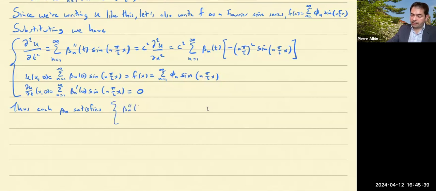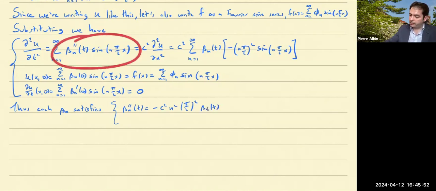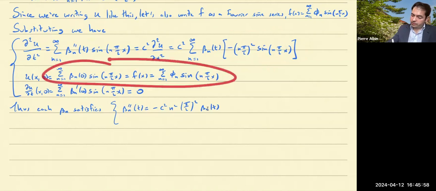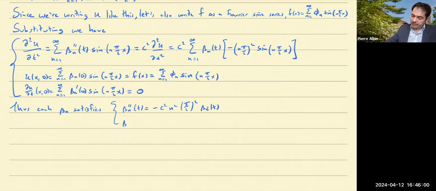We have beta n double prime is equal to minus c squared n squared pi squared over L squared beta n, right? From comparing the coefficients here and here. And then this equation tells us that beta n at 0 is equal to phi n, and that beta n prime at 0 is equal to 0.